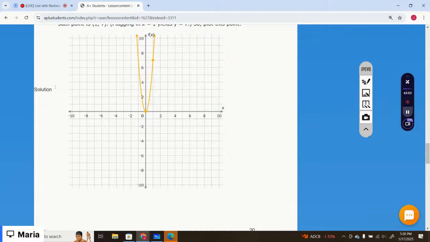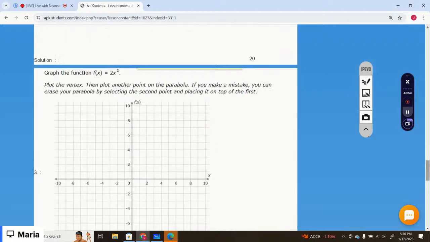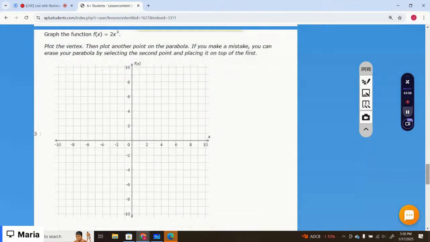Okay, the next one is graph the function f of x equals 2x squared.